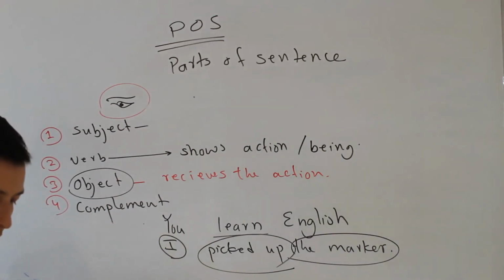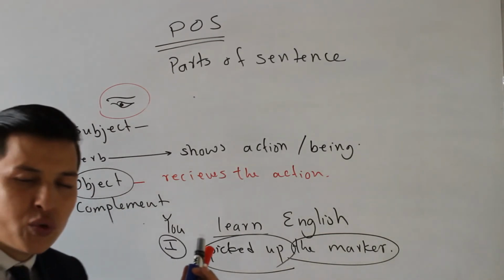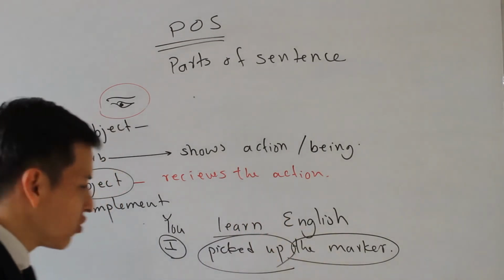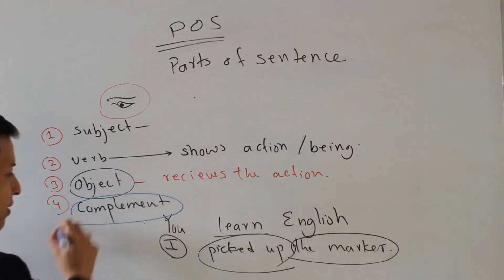Finally, complement. What is complement? This is the last part of the sentence and one of the most important parts, because most students get confused about how to differentiate the object from the complement.